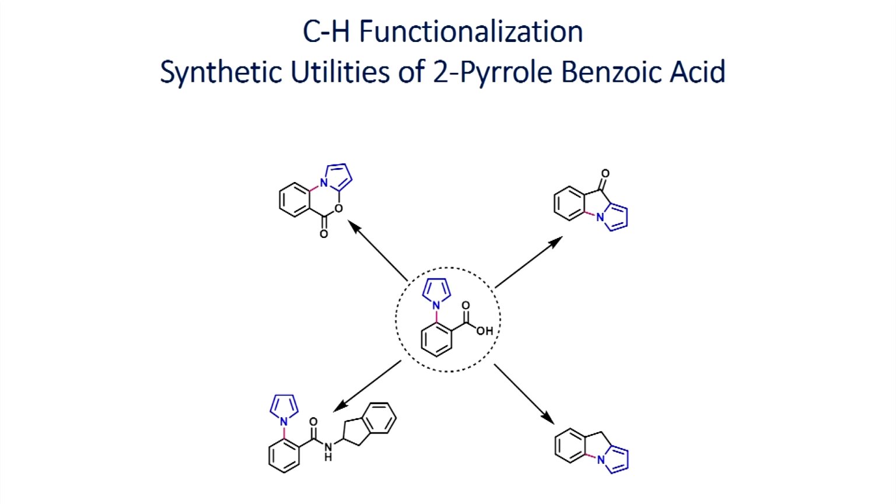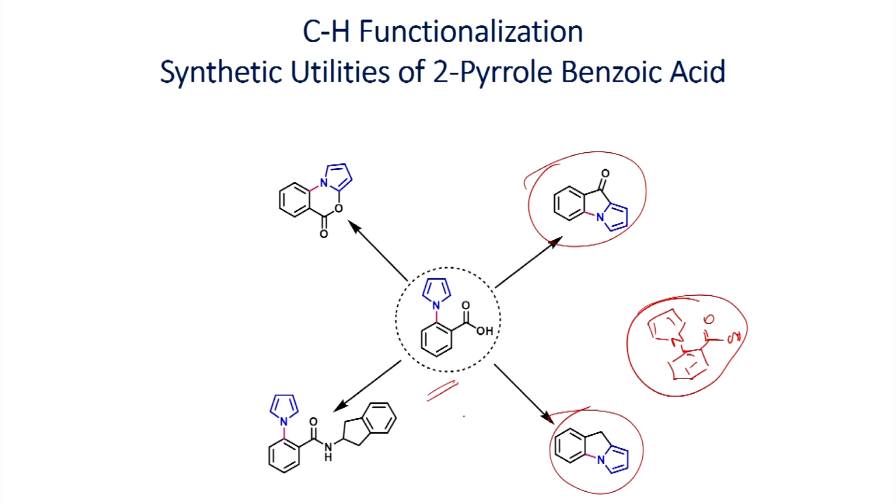Now, let us look at a recent development, the reaction of aromatic systems with amines. If you look here, you have benzoic acid, and in its ortho position, you can see the pyrrole. This is an important precursor we use for the construction of a variety of heterocyclic compounds.